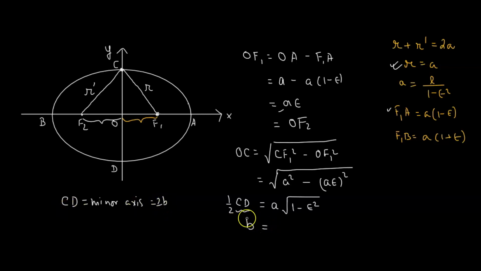So we have also obtained the value of the parameter b in terms of a, that's a times the square root of 1 minus epsilon squared. Now clearly, for b to be a valid number, the value of epsilon must lie between 0 and 1. This is the reason why the epsilon value for an ellipse is between 0 and 1.